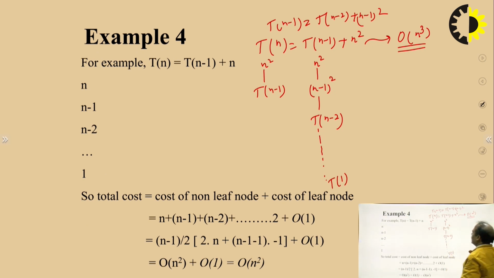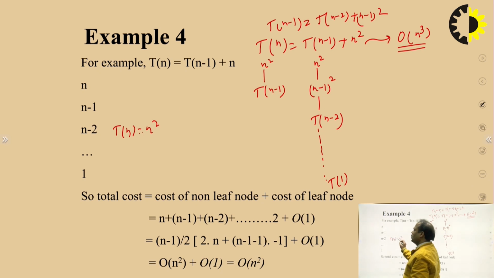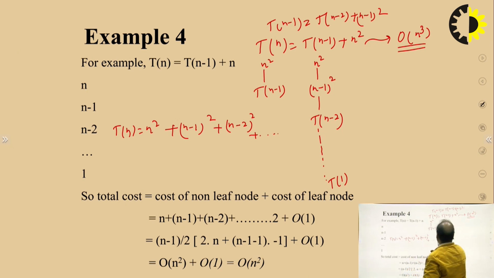So how do we add them? If you add them together, the total time Tn is n square plus n minus 1 square plus n minus 2 square, and so on, up to 2, plus big O of n. Ultimately, we reach the leaf node. So class, this is n square times the bracket: you can take n square outside the bracket.